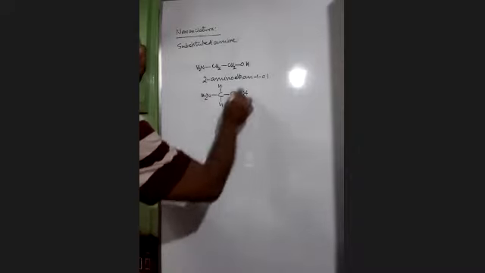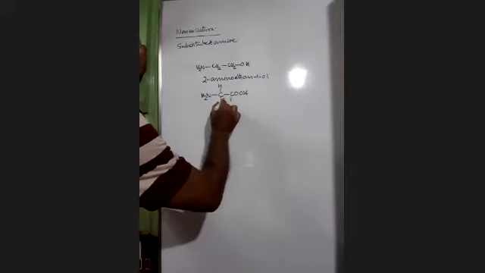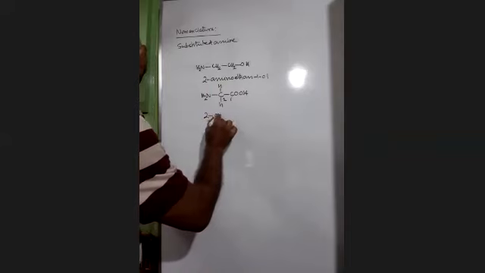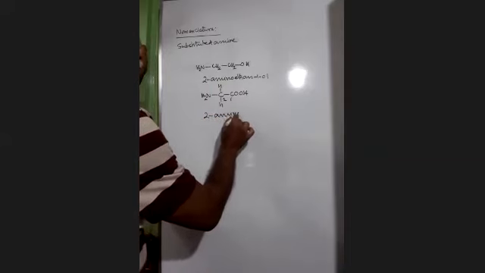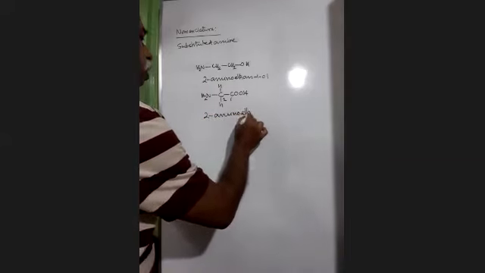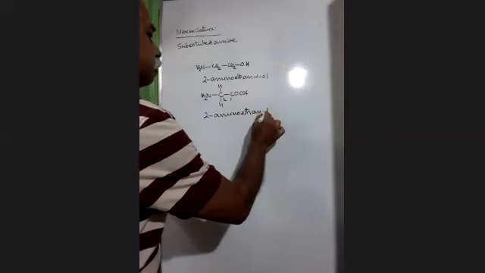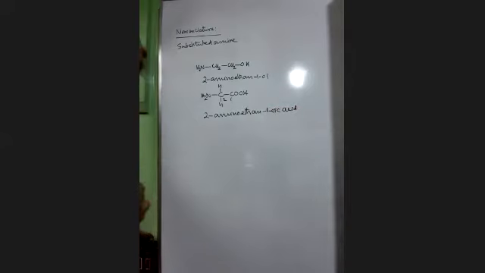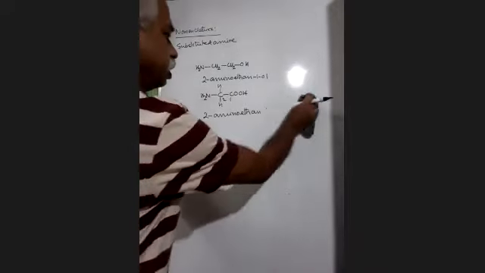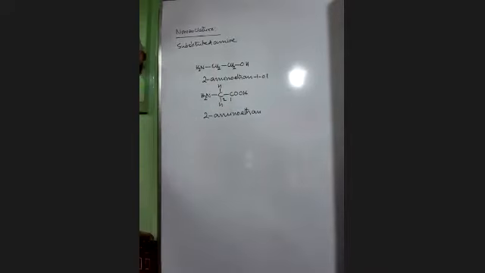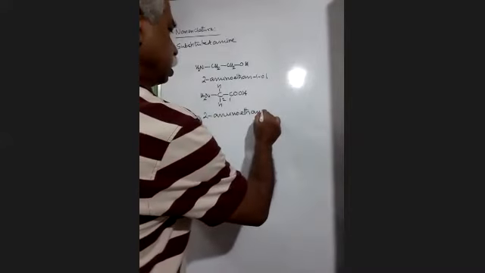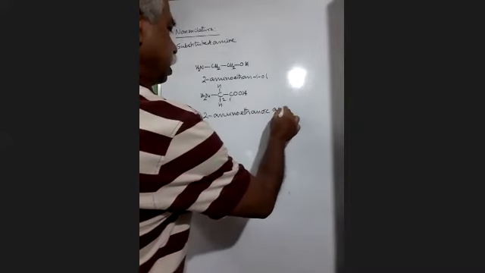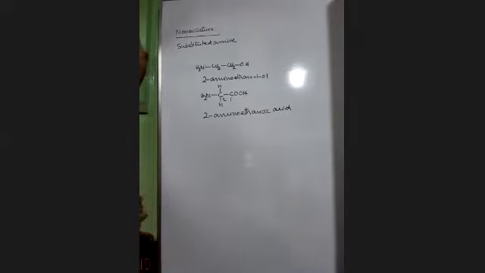Now if you go for the IUPAC name, it is 2-aminoethan-1-oic acid, but as carboxylic acid is given first preference, we need not write the position. 2-aminoethanoic acid.